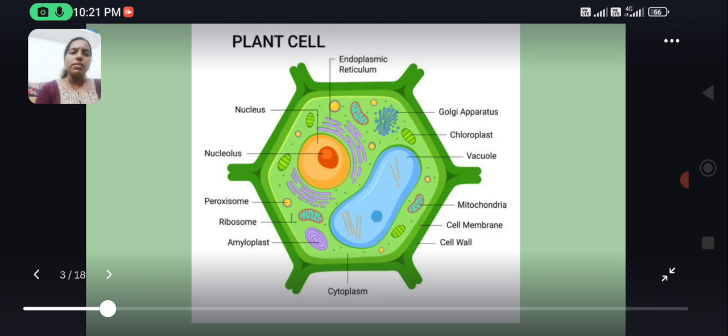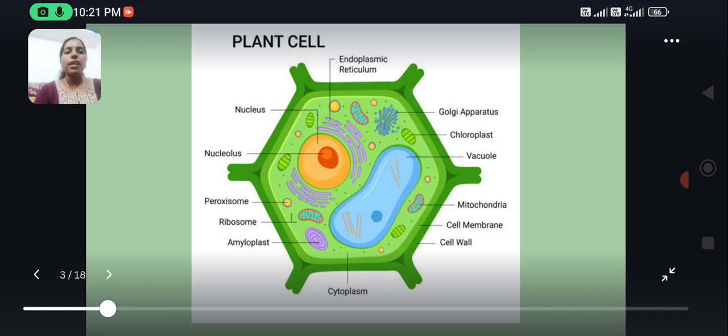What are organs? In our body we have a lot of organs, isn't it? That is kidney, liver, lungs. These are organs, and they have their specialized functions. Kidney for excretion, lungs for respiration, etc. So like that, inside the plant cell there are a lot of mini structures that act as mini organs.